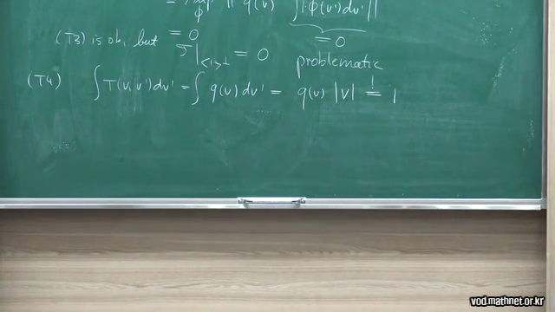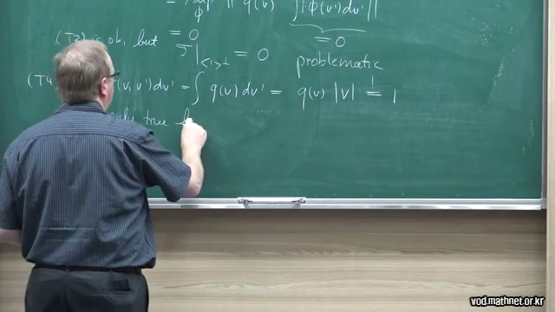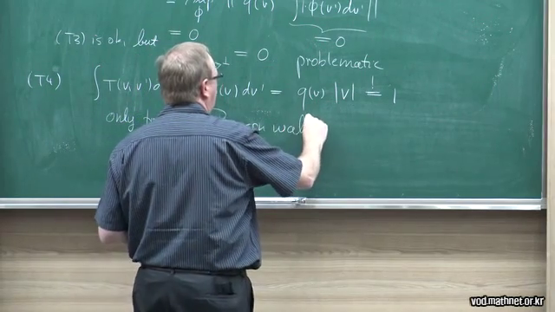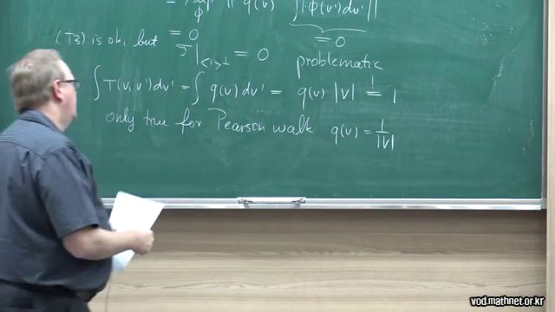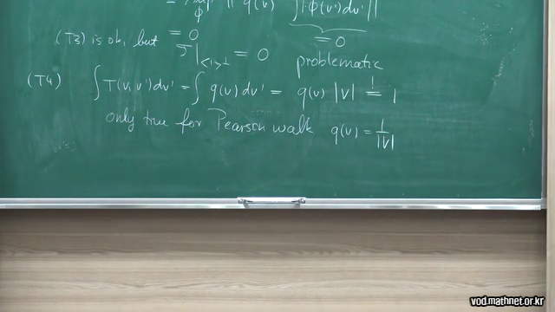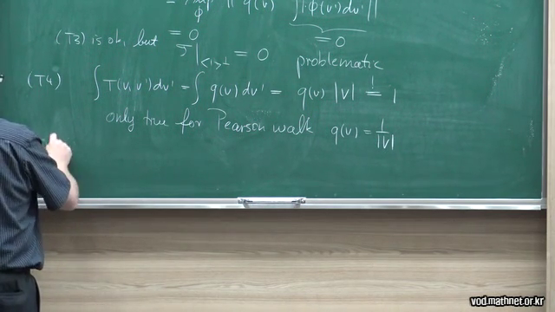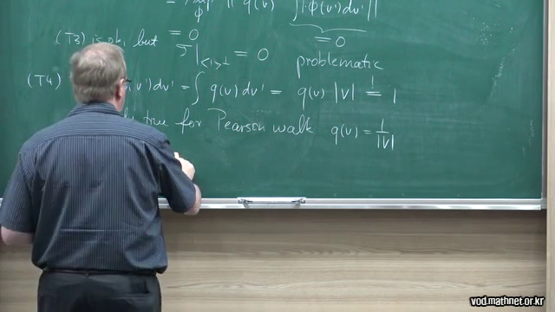Now this only works if q is the constant 1 over V. So it is only true for the Pearson Walk. Otherwise it's not true, and here you see one example where T4 fails. For the interesting case like brain tumors, T4 would fail, and we have to do something else. So otherwise T4 is false.